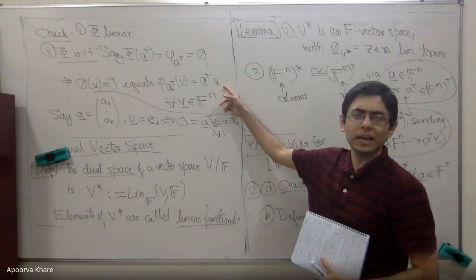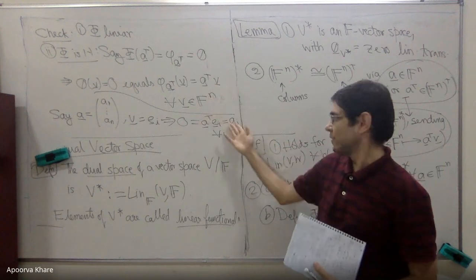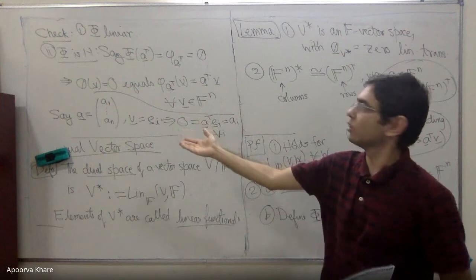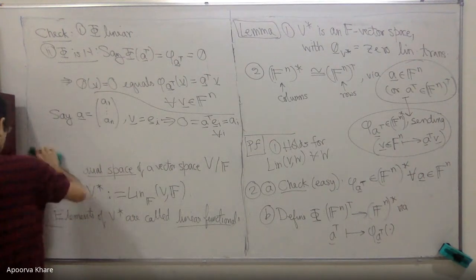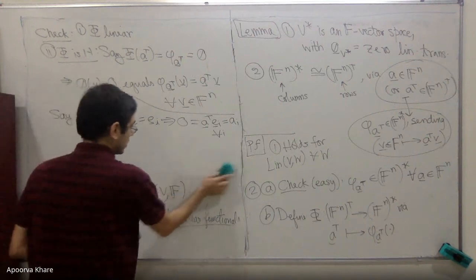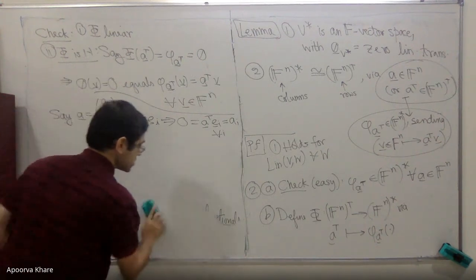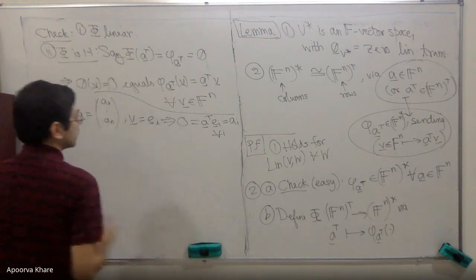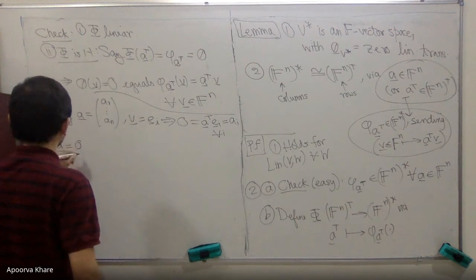Put V equals EI, and you get that the ith coordinate of A must be 0. But if every coordinate of A is 0, then A itself is the 0 vector, and therefore the only map that goes to 0 is the 0 vector. So it implies A is 0, the 0 vector in F to the N.